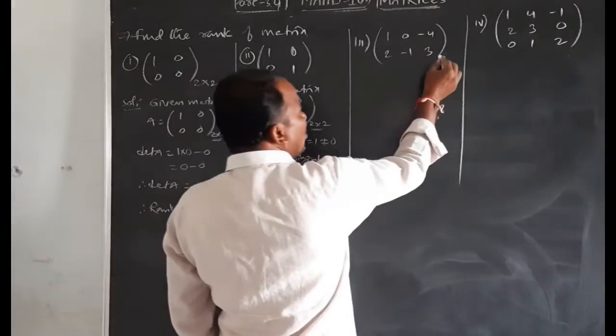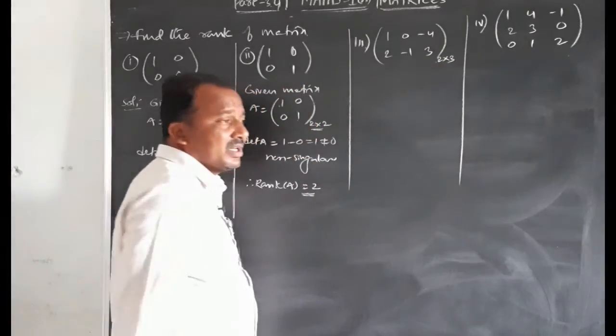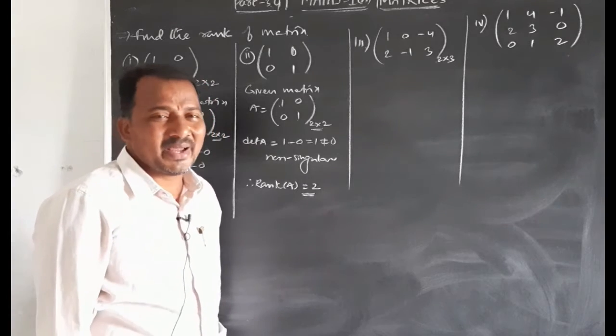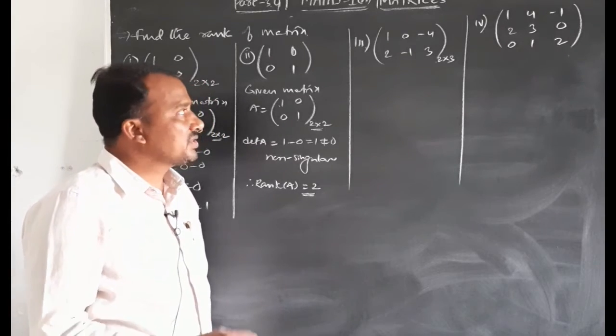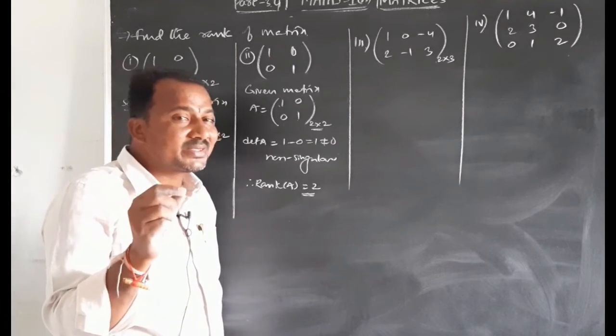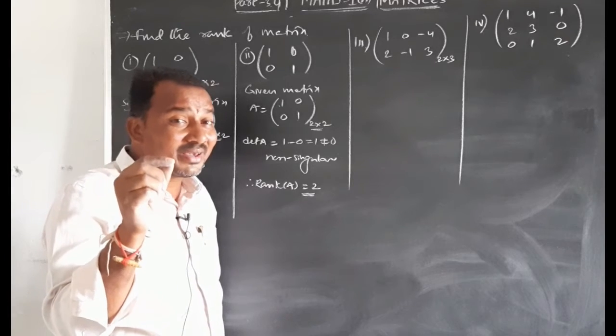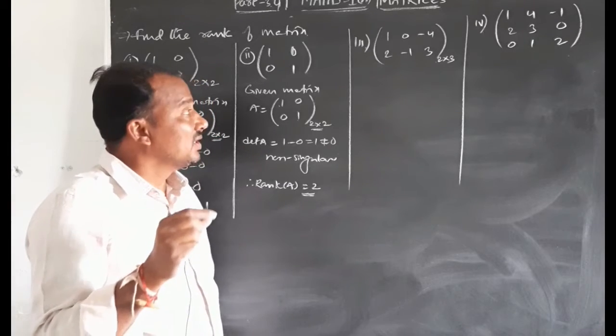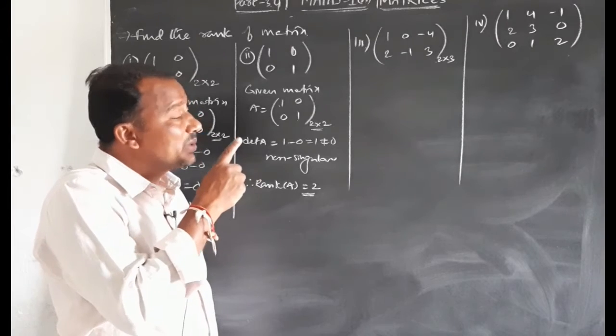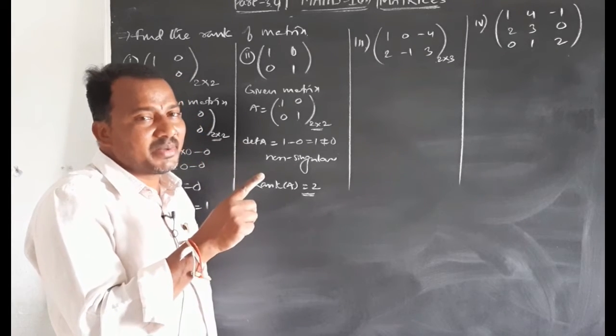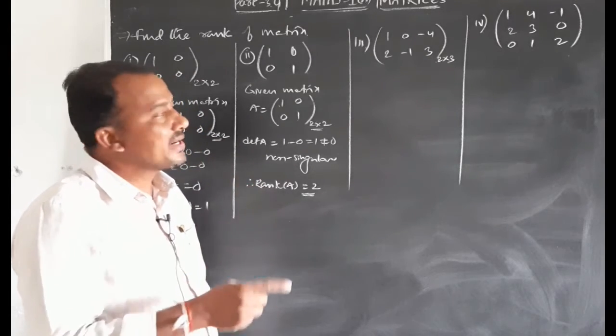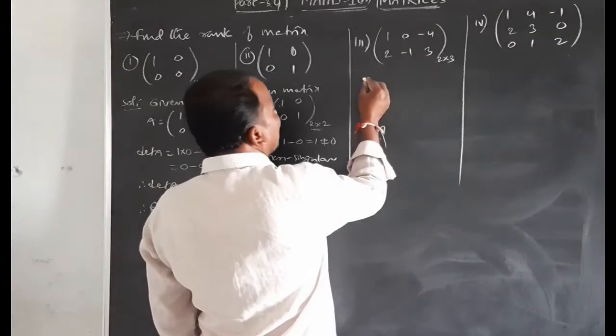Next, it is a 2 by 3 matrix. It is not a square matrix; it is a rectangular matrix. So first you take a square submatrix of the given matrix.